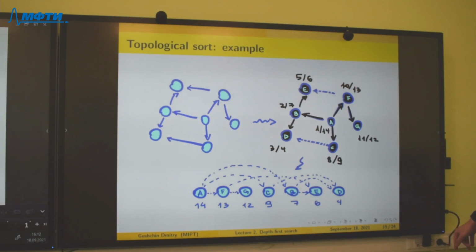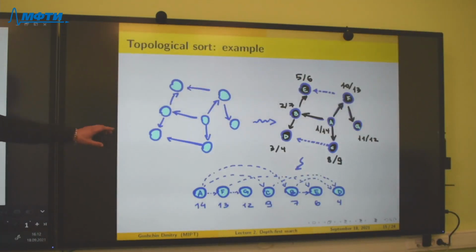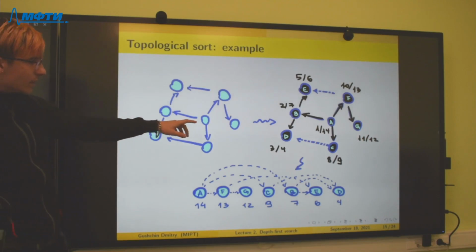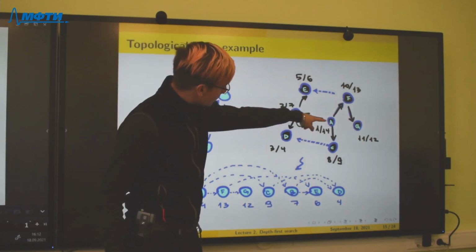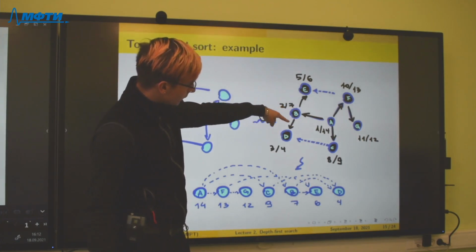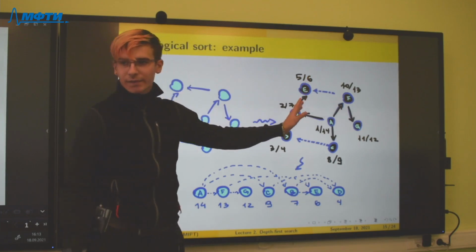You can see, for example, here we have a directed graph. And we start the phase from one vertex, for example, from E. And we go to B, go to D, finish with it, explore E, and the other steps of the phase.